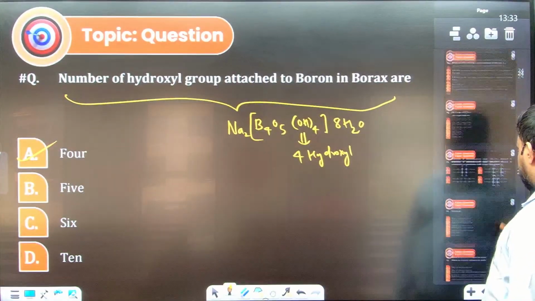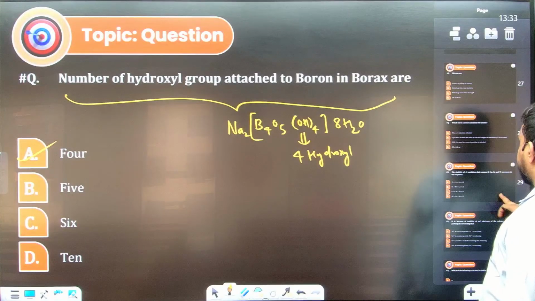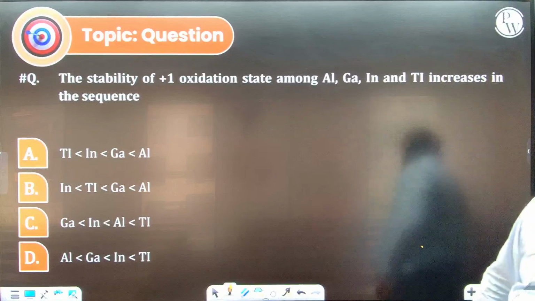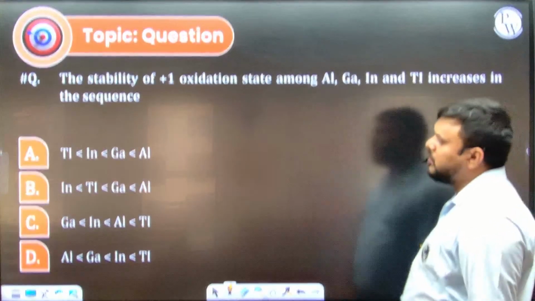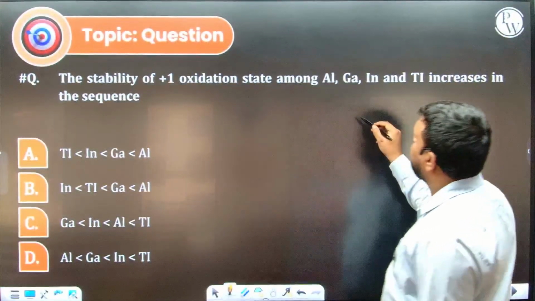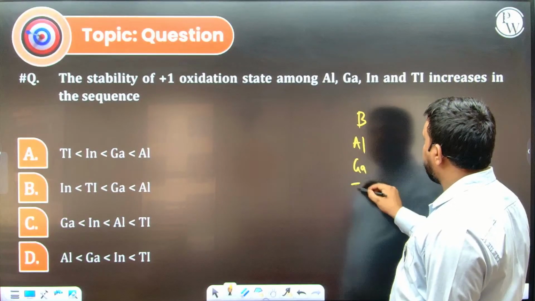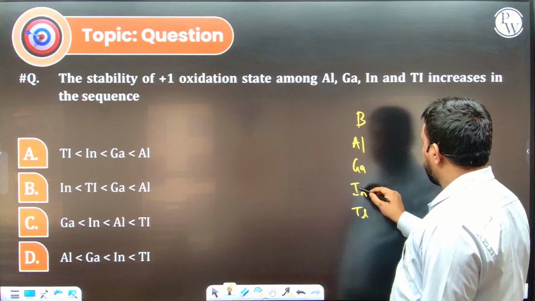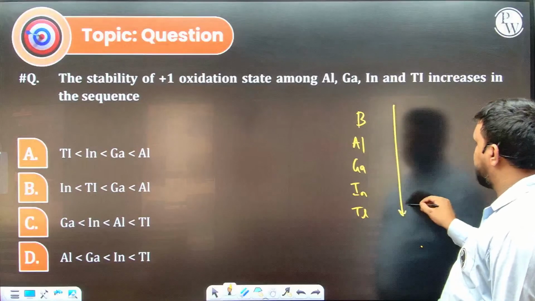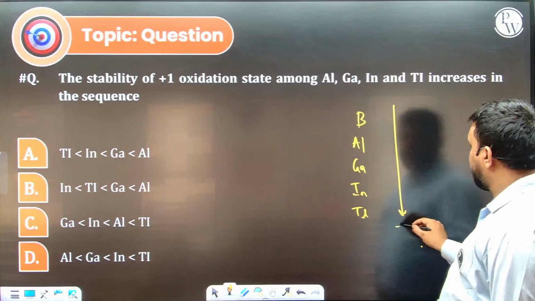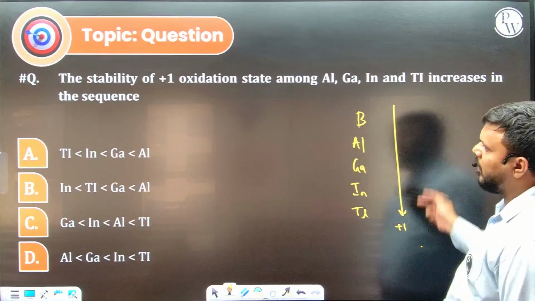Next, they are asking us about +1 oxidation state stability. So now only we discussed the inert pair effect. Boron, aluminium, gallium, indium, thallium. We know that down the group you can see in case of thallium we will have this inert pair effect. So we already studied this, that the +1 oxidation state will be more stable down the group.